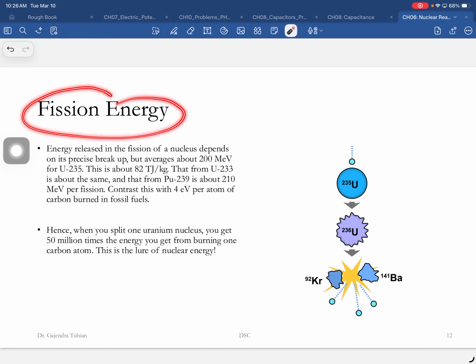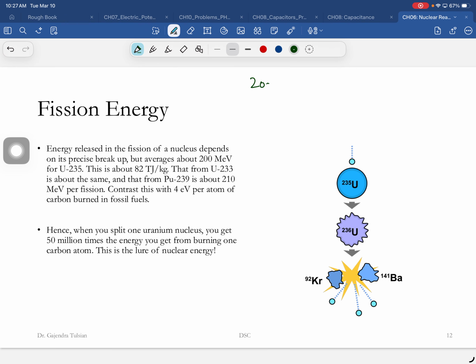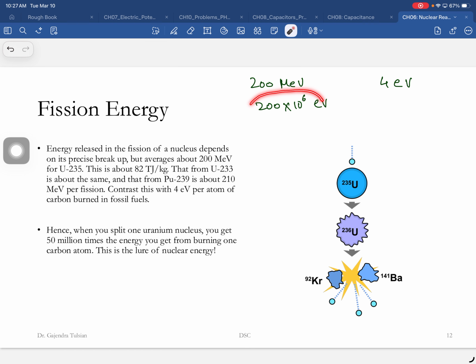So here's fission energy. Energy released in a fission of a nucleus depends on its precise breakup, but on the average 200 MeV of energy is released. When you split uranium-235, you release 200 MeV of energy, in contrast with 4 eV per atom of carbon burned in fossil fuels. 200 MeV is 200 million eV, so you're releasing 50 million times more energy than when you burn one carbon atom.